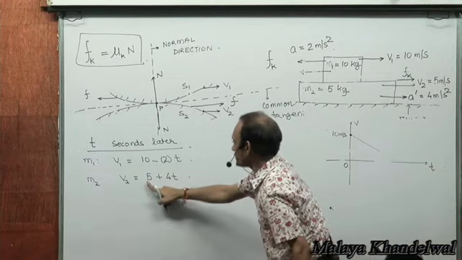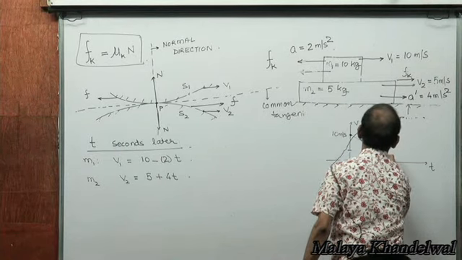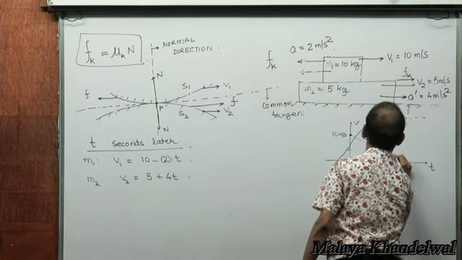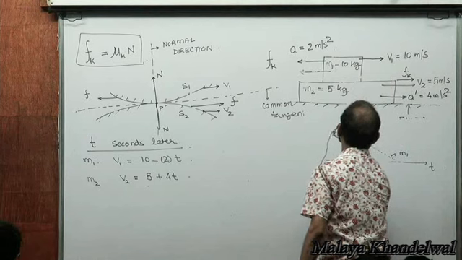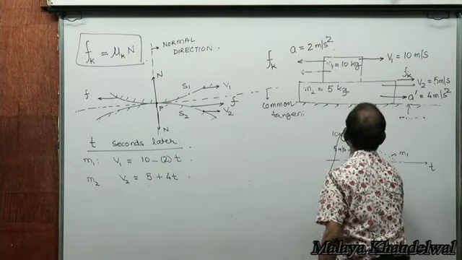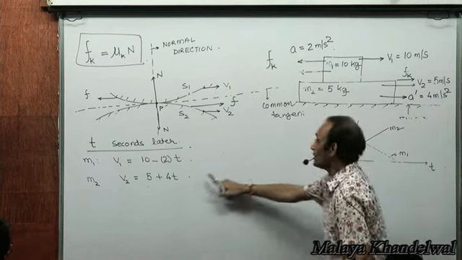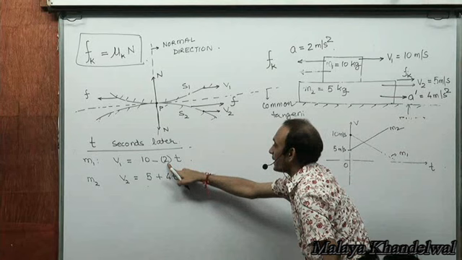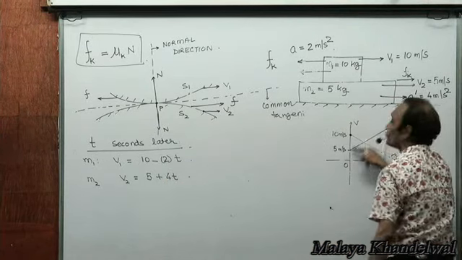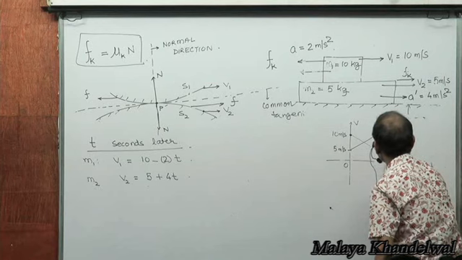What about m2? m2 starts with 5 meters per second, and its velocity is increasing linearly with time. V equal to u plus at. The slope of this graph is -2. The slope of this graph is 4. Y equal to mx plus c on comparison.